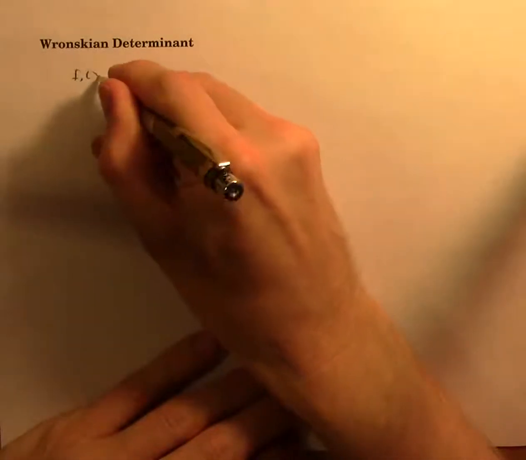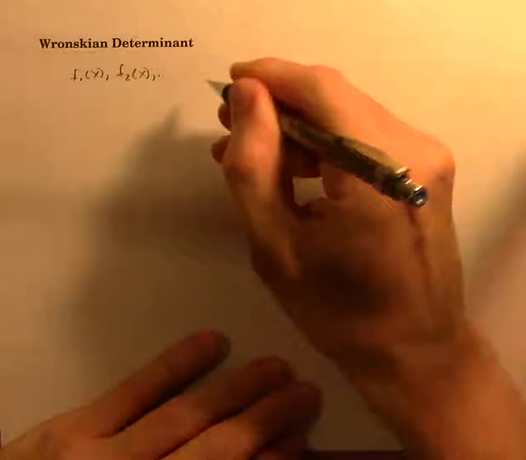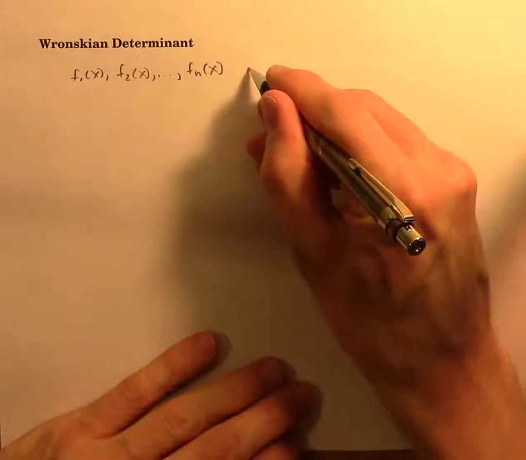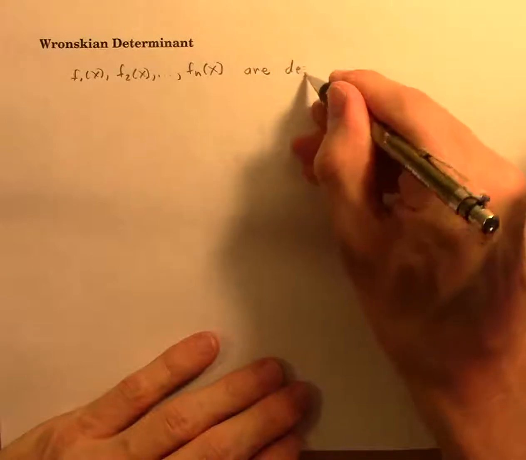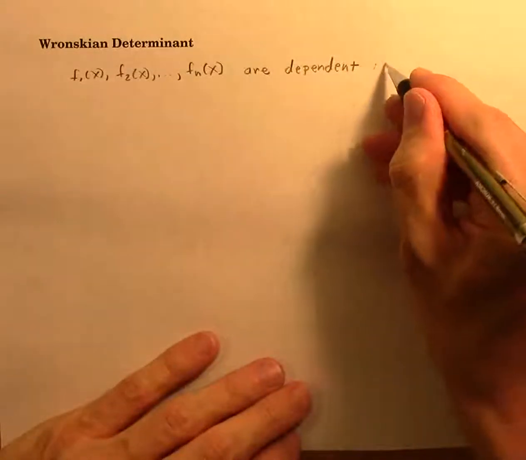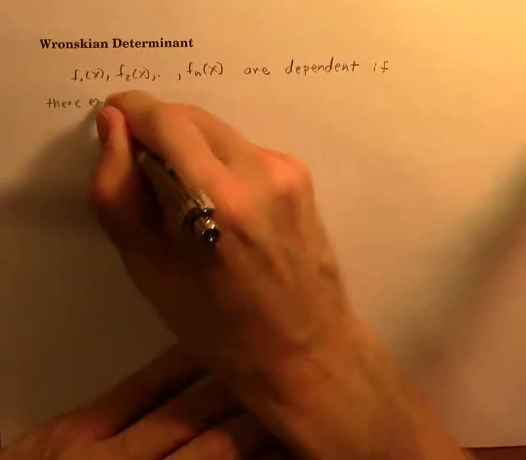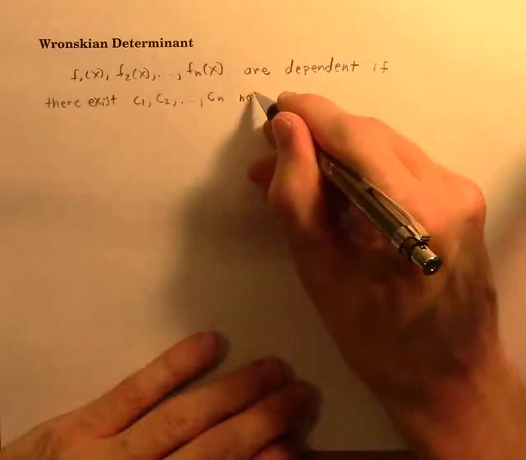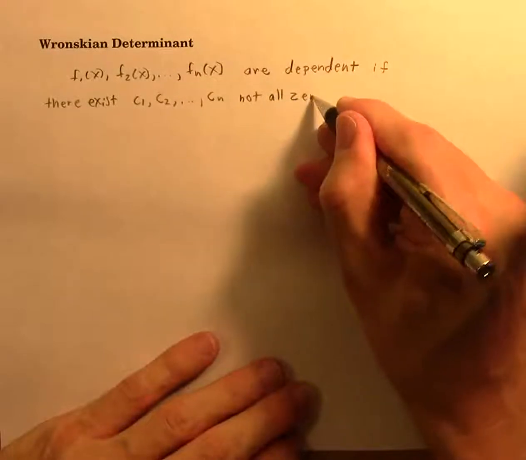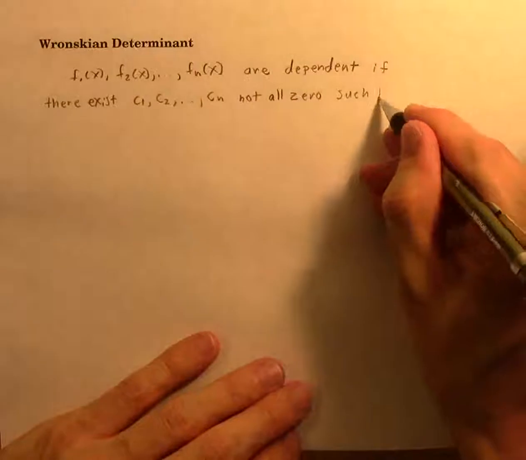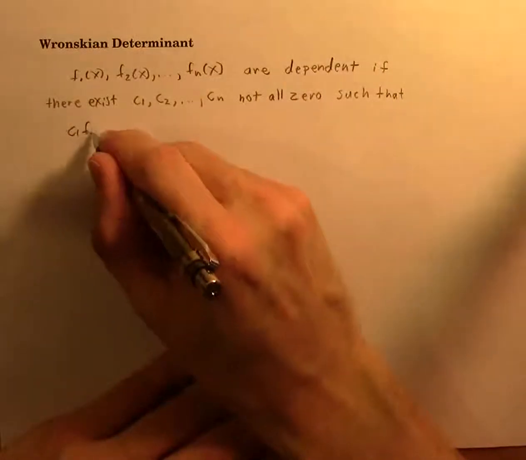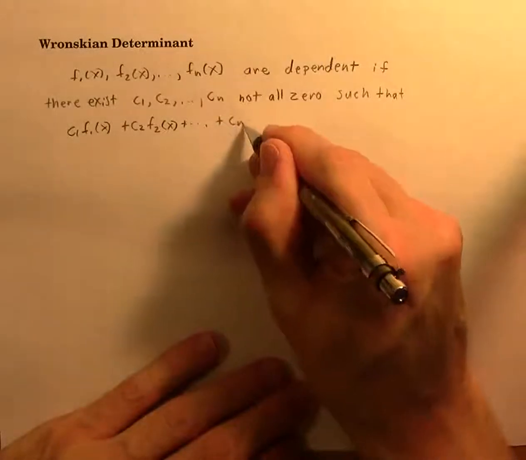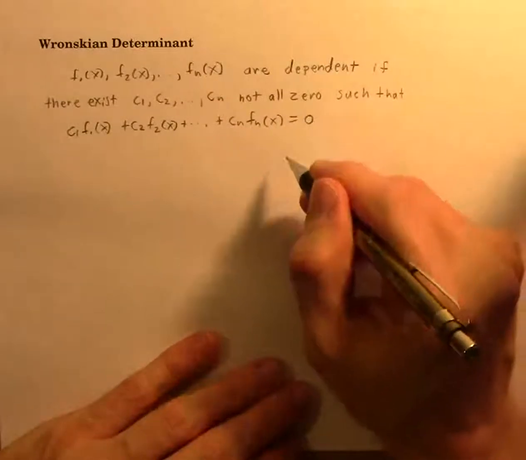So if we have a list of functions, f1 of x, f2 of x, and let's end that at fn of x, then these functions are linearly dependent if there exist some constants, c1, c2, up to cn, and one condition is that they're not all zero, such that the linear combination c1 f1 of x plus c2 f2 of x up to cn fn of x is equal to 0.